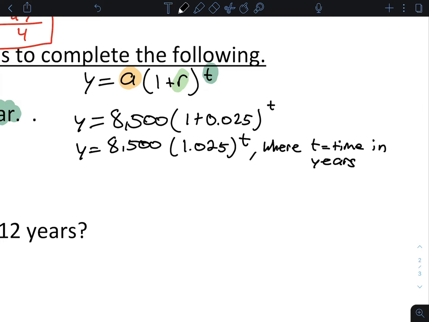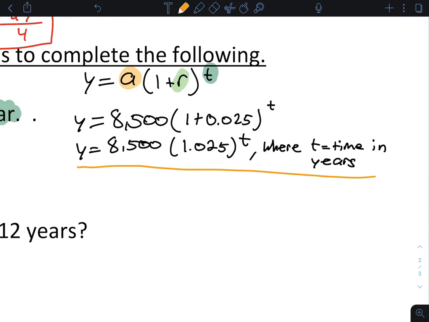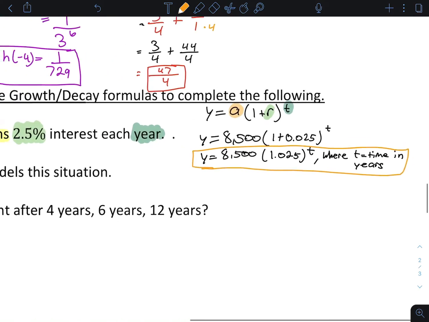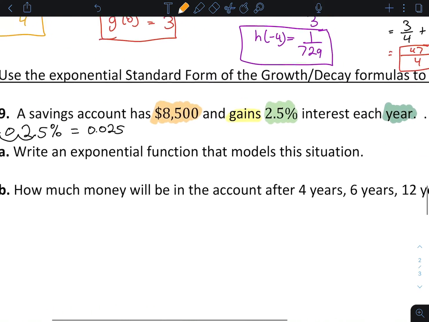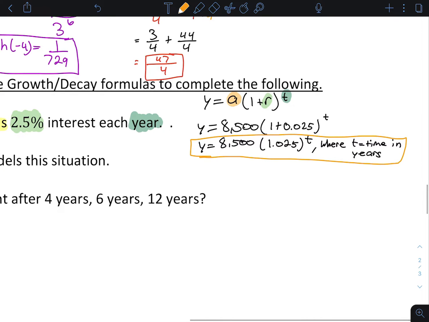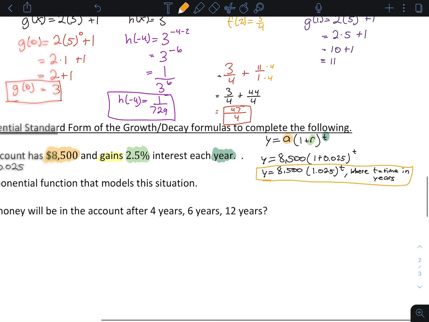I recommend going ahead and saying that last part. Say that your time is in years. We wrote a function that models this part. y equals 8,500 times 1.025 to the t.